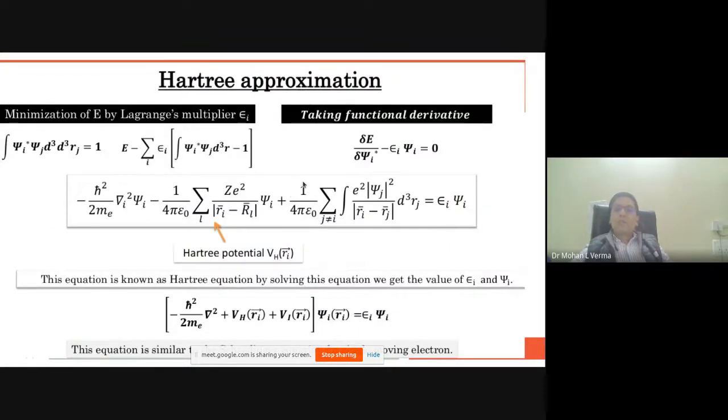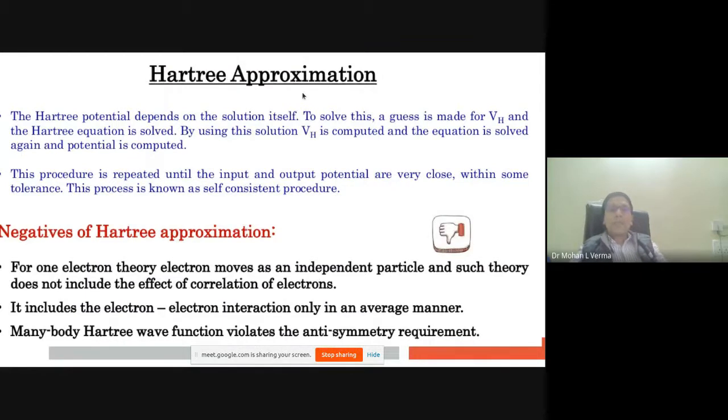I'm just skipping some mathematical terms. The Hartree potential term was introduced by Hartree, but the Hartree potential depends on the solution itself.